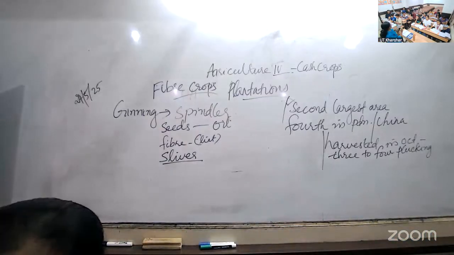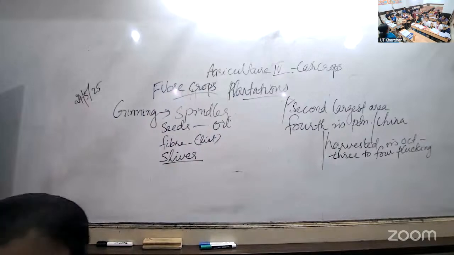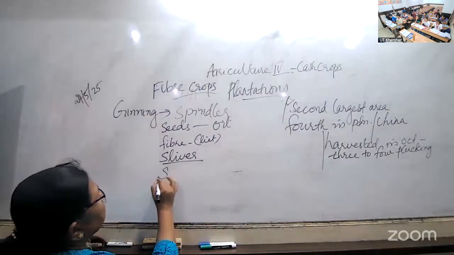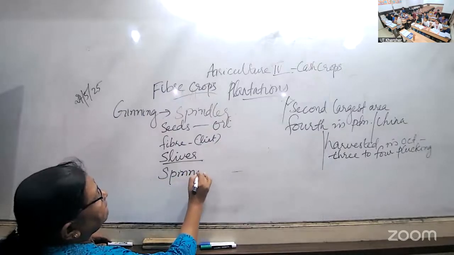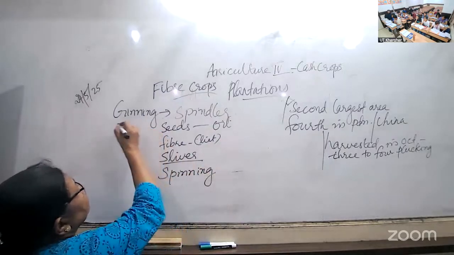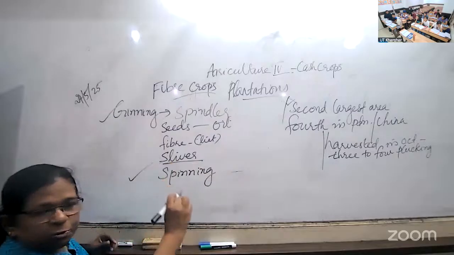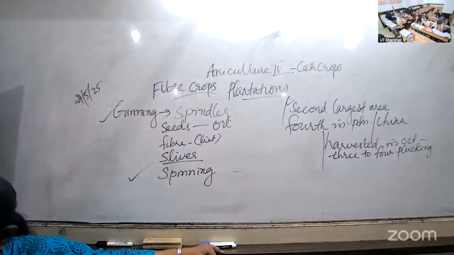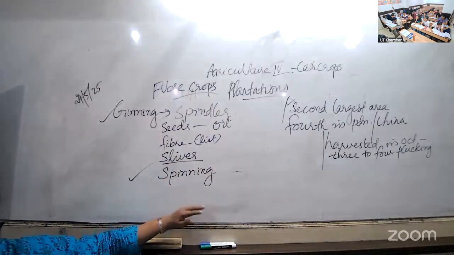Then the sliver is used in the spindles and spun. Then the process is spinning. Got it clear?